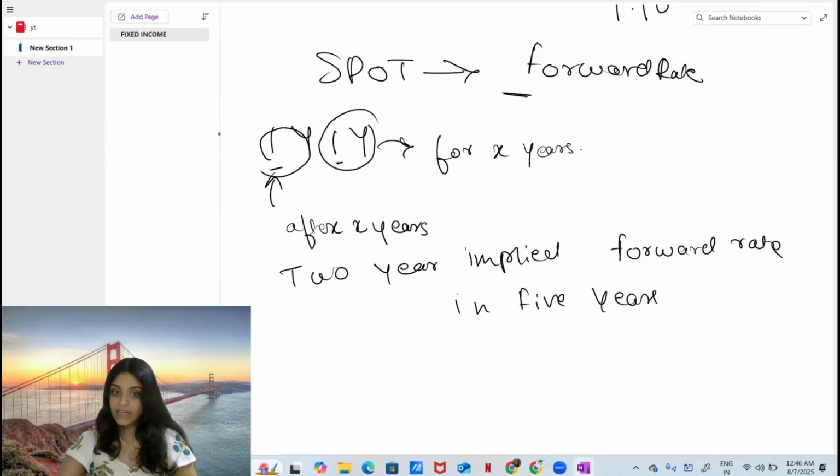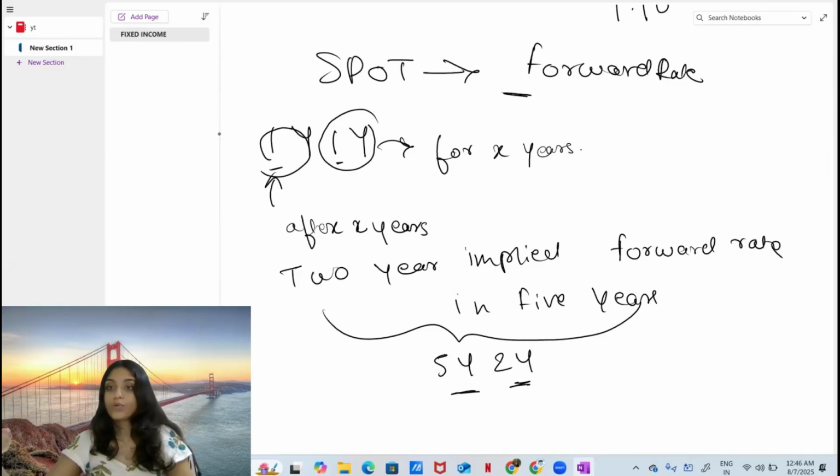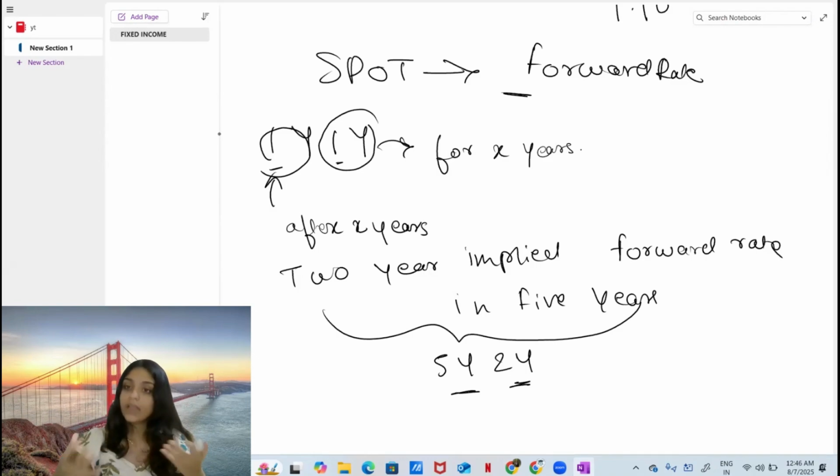This entire statement means 5y, 2y. It means after 5 years, for 2 years, that implied forward rate will be that much. So this is how you'll interpret what kind of forward rate you have to calculate. In the question, it will be given as 2-year implied forward rate in 5 years. It means 5y by 2y.